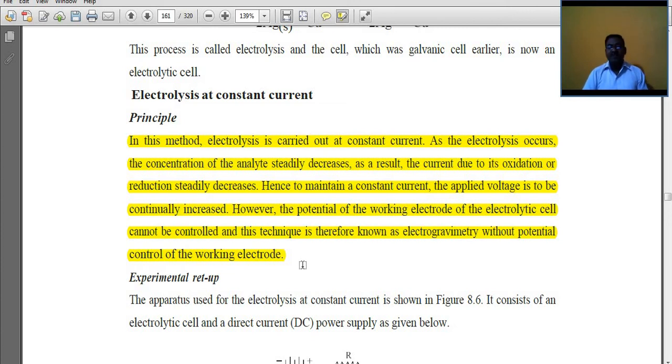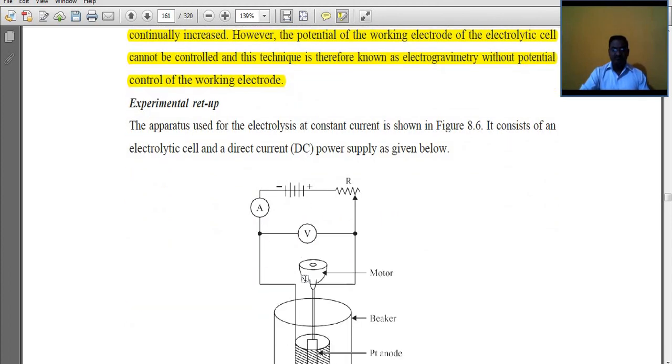Hence, to maintain a constant current, the applied voltage must be continually increased. However, the potential of the working electrode of the electrolytic cell cannot be controlled, and this technique is therefore known as electrogravimetry without potential control of the working electrode.